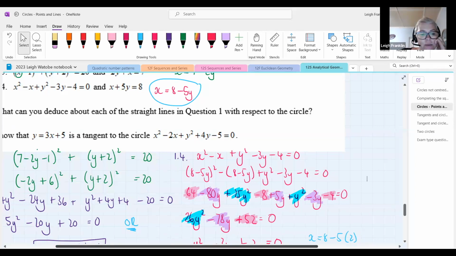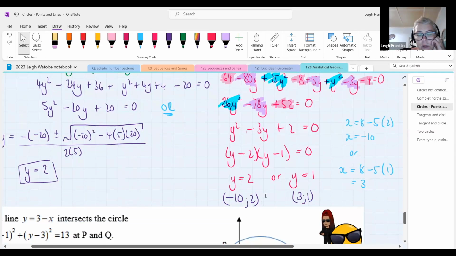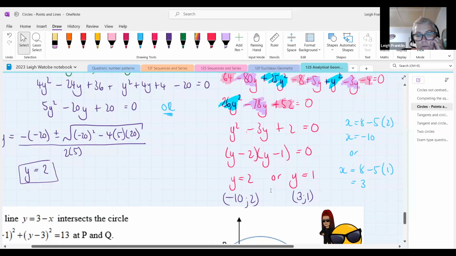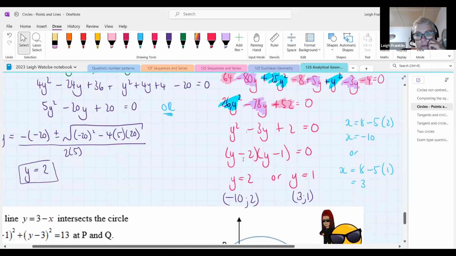Let's just check our substituting. No, ma'am, everything is fine. It's just that with the final answer, with y equals 2 and y equals 1, if you take y equals 2 and sub it back into 26y squared minus 78y plus 52, you get negative 208, which is not equal to the right-hand side. So surely that's not a solution.